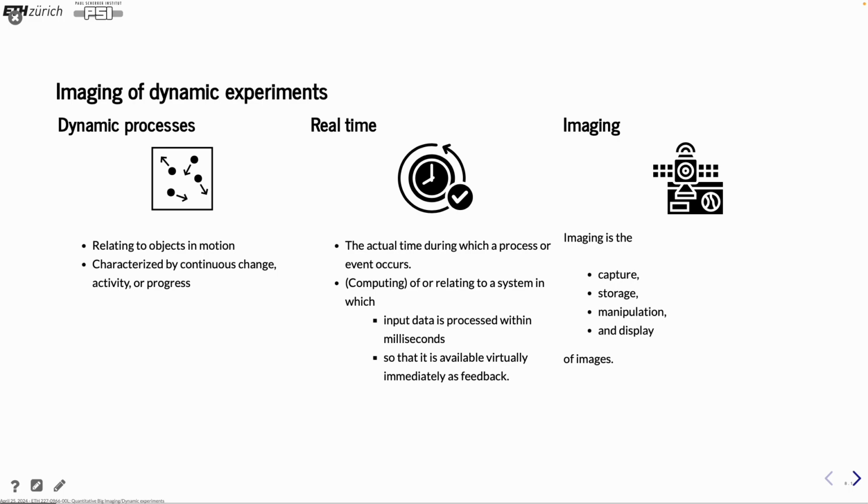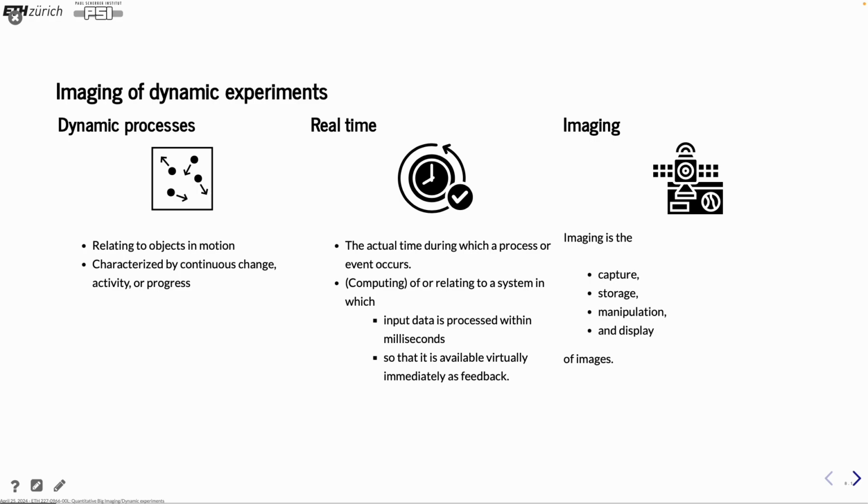We have different types of time dynamic experiments, or different aspects of it. One is that we actually have a dynamic process, and we want to relate objects in motion, or something in motion that changes with time, and we want to monitor and quantify these changes. Real time is a very fancy term. Many people say real time must be fast. It doesn't really have to, but it's about being able to sample the process with sufficiently many points, and that you get it in time.